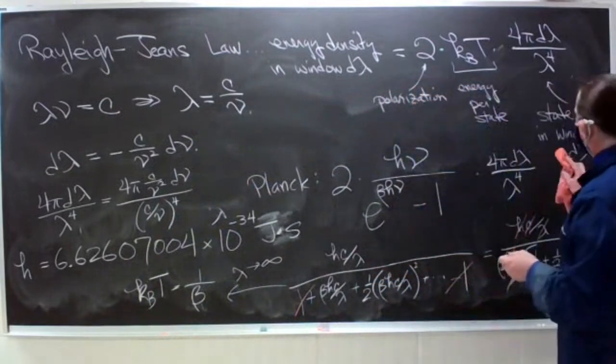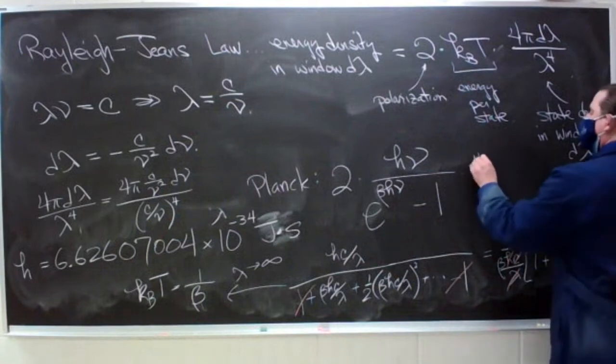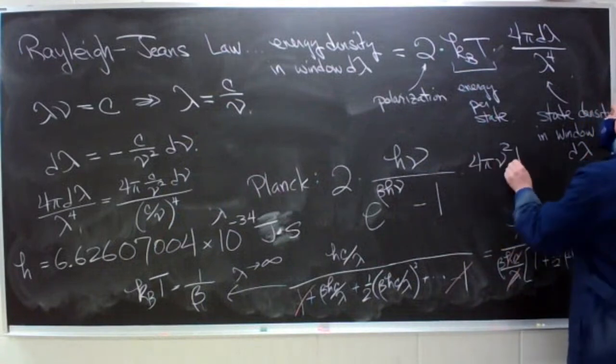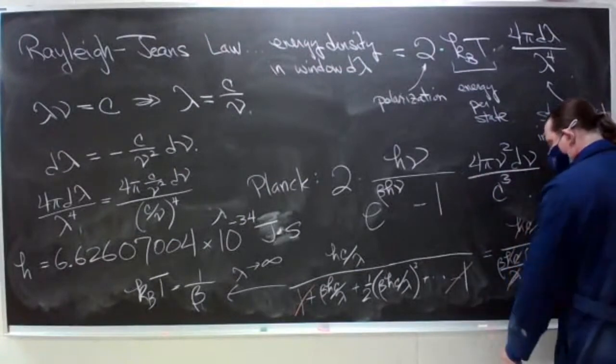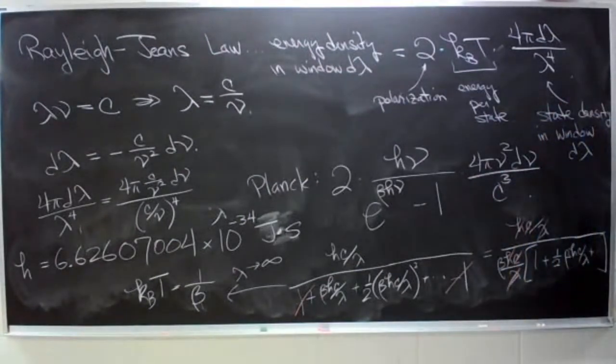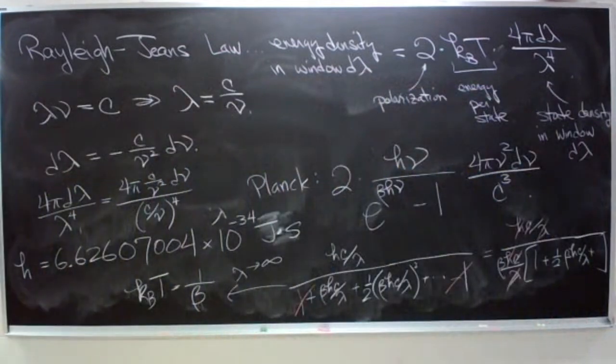So rearranging this, you'll find that it's really just 4 pi nu squared d nu divided by c cubed. All right?